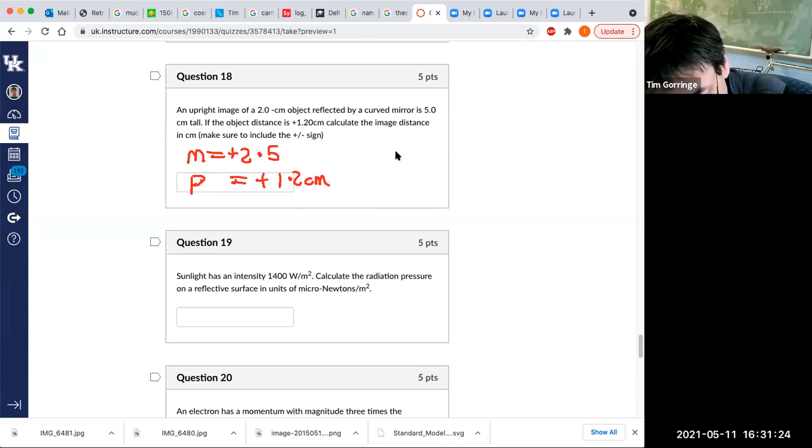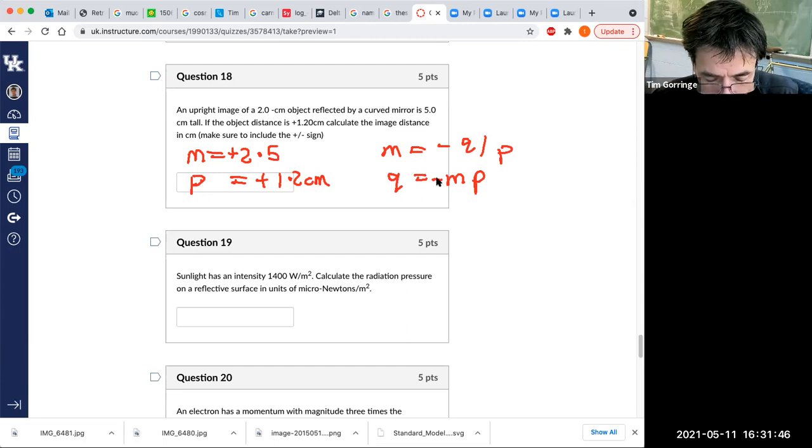Well, we're asked to figure the image distance, and we can use the magnification equation to solve for that. The magnification equation says the magnification is minus q over p. Well, we want q, and so I can just multiply by p and multiply by minus 1, and I get an equation for q.